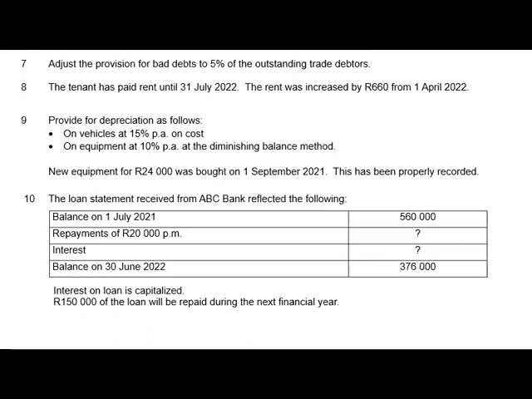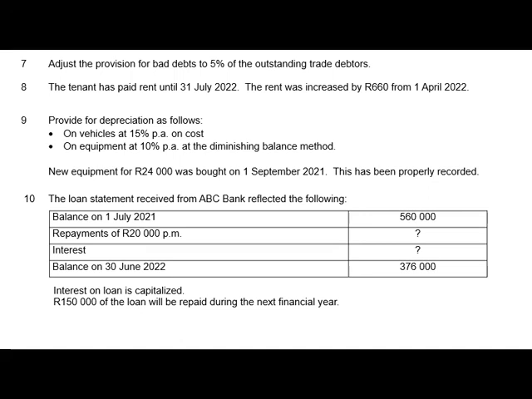And adjustment 7 says that we need to adjust the provision for bad debts to 5% of the outstanding trade debtors. Outstanding trade debtors. This is the debtors control amount that is still owed to us after taking into account the previous 6 adjustments.